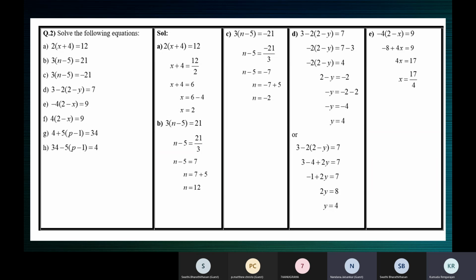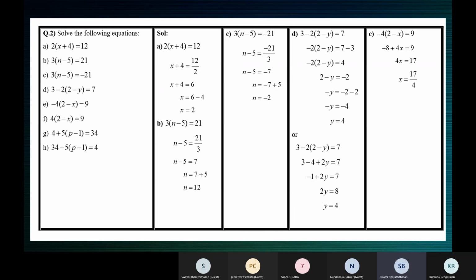Yes, Swati, can you try? In your own words, just like I did A. Here 3n minus 5 is equal to 21, ma'am. Here 3 of n is multiplication, ma'am. As 3 is near to the variable, 3 and 3 will be cancelled.